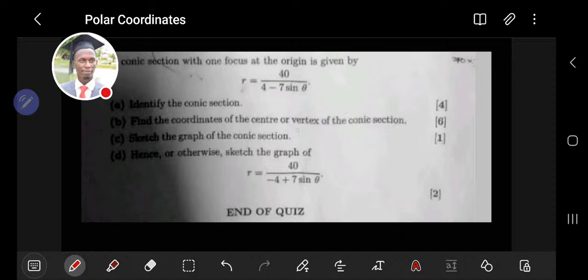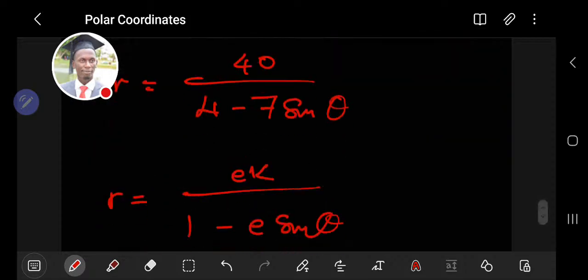Find the coordinates of the center, the vertex, of the conic section. Okay, let's see how it goes. To find the rest of it, we're going to start playing with the angles. We know we're dealing with theta equals 0, theta equals 90, theta equals 180, and the other one is theta equals 270.